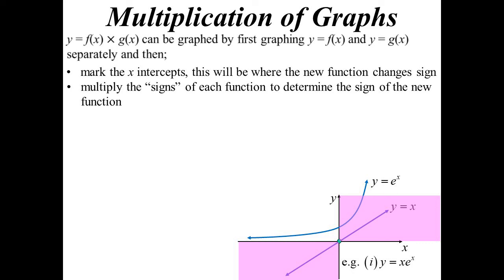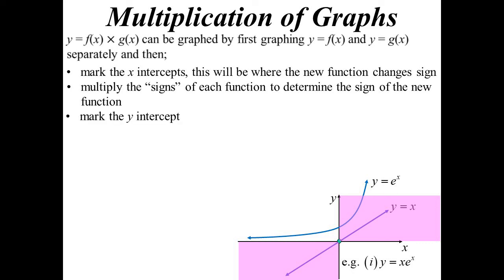And I have a look at it and I say, well, e to the x is positive, y equals x is negative. So if I multiply these two things together, I must end up with a negative number. So I know I'll be down there somewhere. Then when I go past the origin, they're both positive. So I must be up there somewhere. So it gives me an idea of where the curve is travelling.